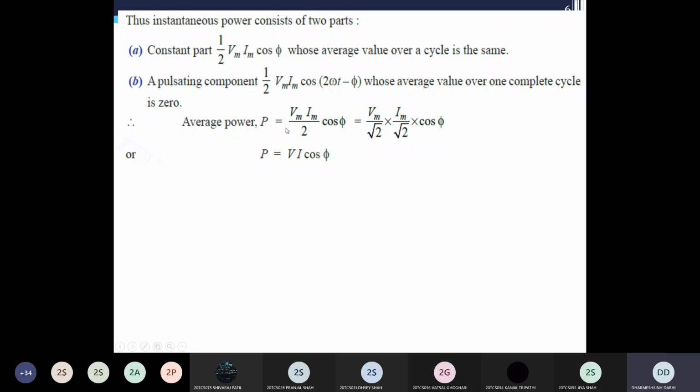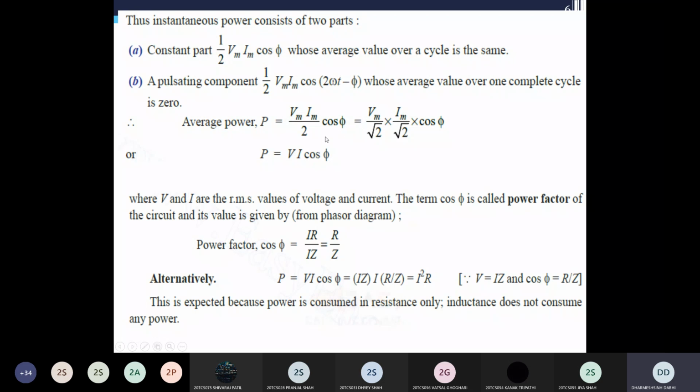So average power or active power you can write like this. First component Vm Im by 2 into cos phi. You can also write it in terms of RMS values: Vm by root 2 is the RMS value V, and Im by root 2 is the RMS value of current I. So you can write the active power as V I cos phi in RMS values, or in terms of maximum values, Vm Im by 2 into cos phi.